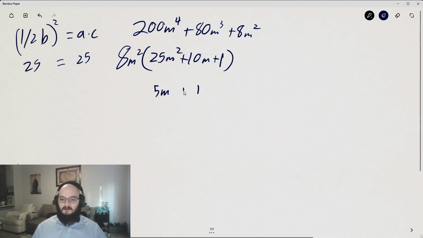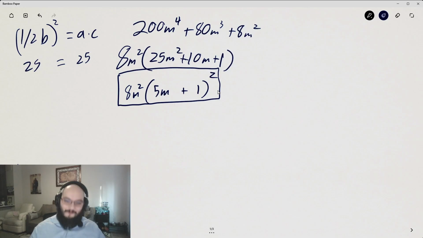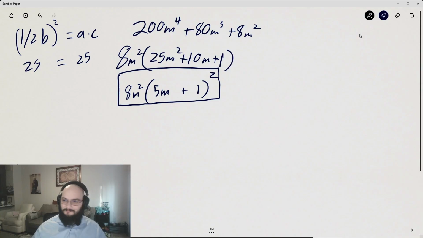Square root of 1 is 1. They will be added together because our b term is positive. Toss our square up there, and don't forget to drop down the 8m squared that we factored out earlier. And there you have it. That is the factored form of 200m to the 4th plus 80m cubed plus 8m squared.